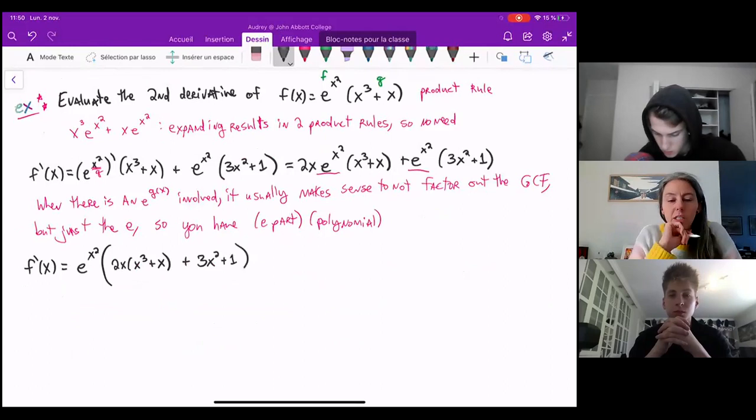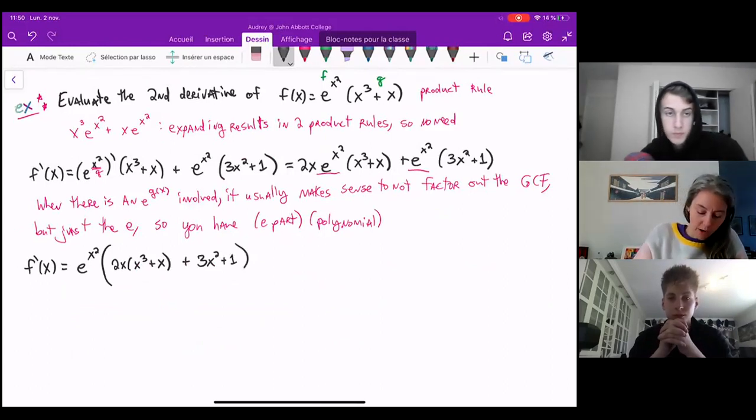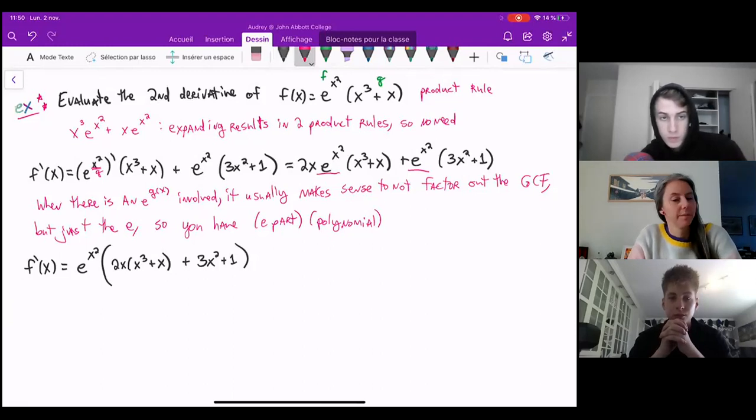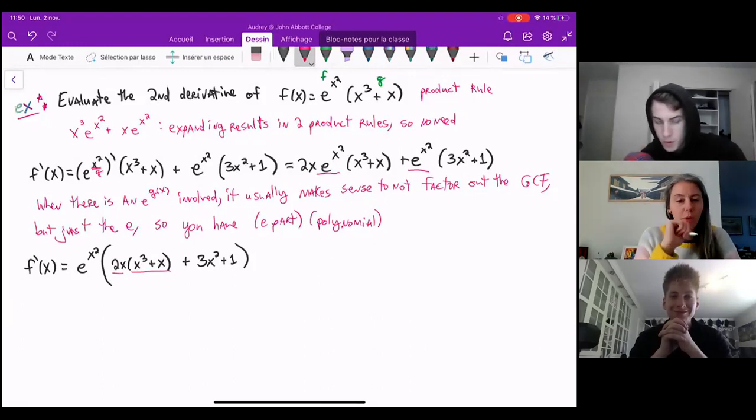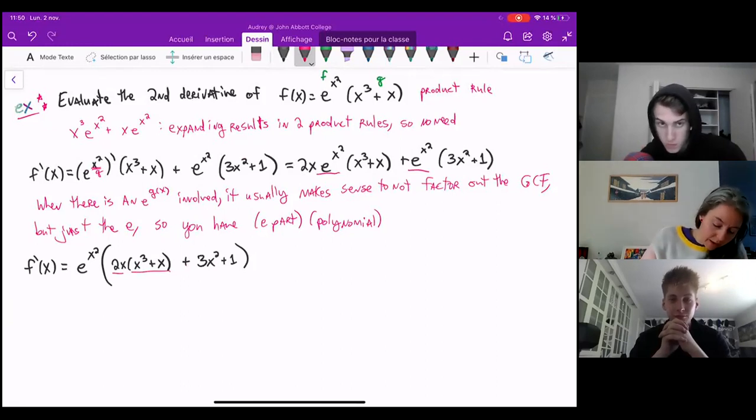Inside of those parentheses, is that a product rule here? Can I avoid that product rule by expanding? Yes. So here, expand to avoid product rule.